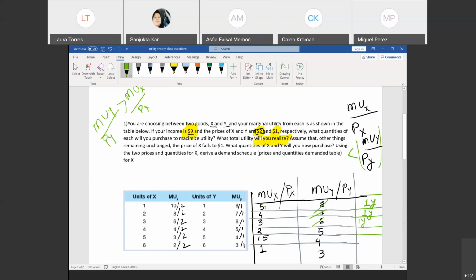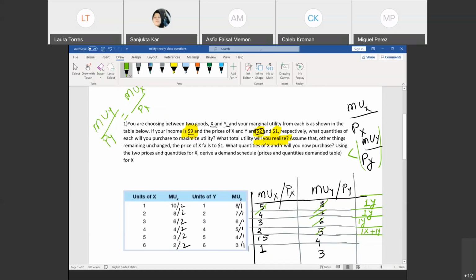Next, I'm going to compare this 5 to this 5. So at this point, MUY over PY equals MUX over PX. So I will buy 1 unit of X and 1 unit of Y. So this was all I did so far.